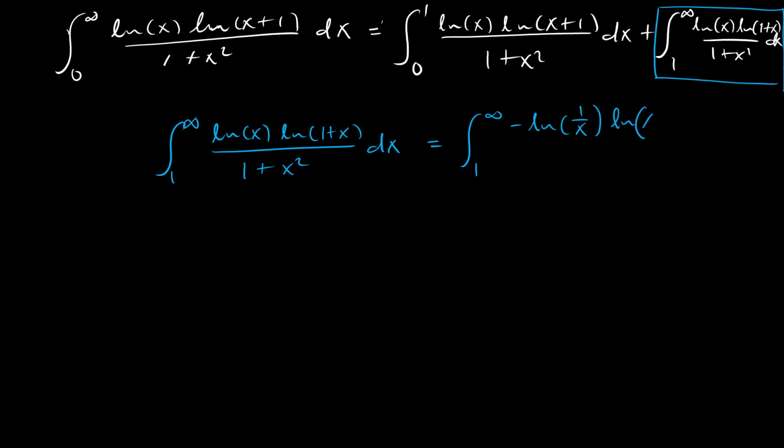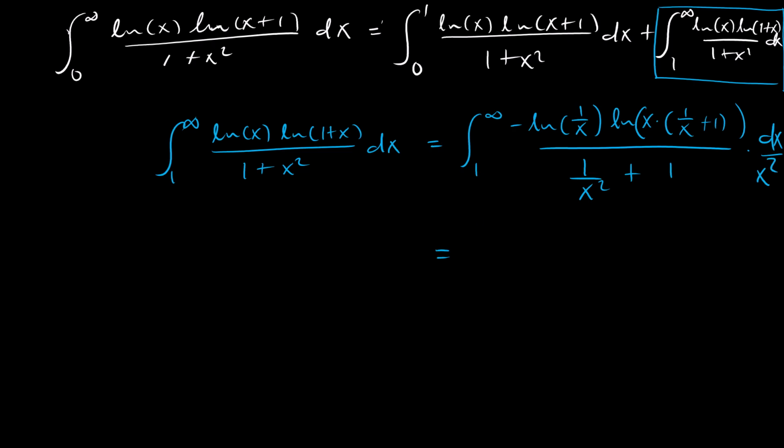That's x times open bracket 1 over x plus 1 over 1 over x squared plus 1, dx over x squared.